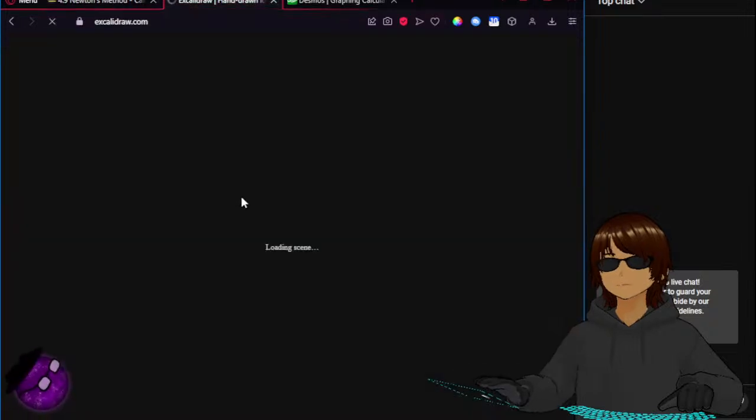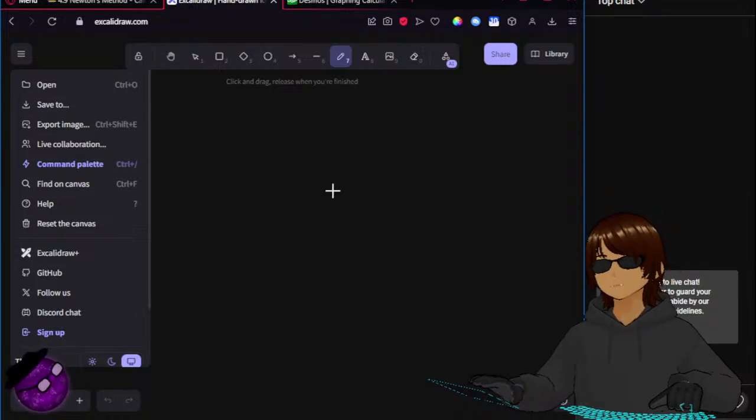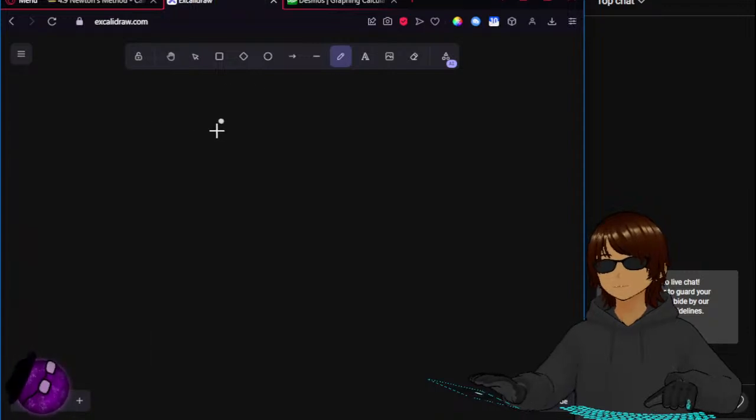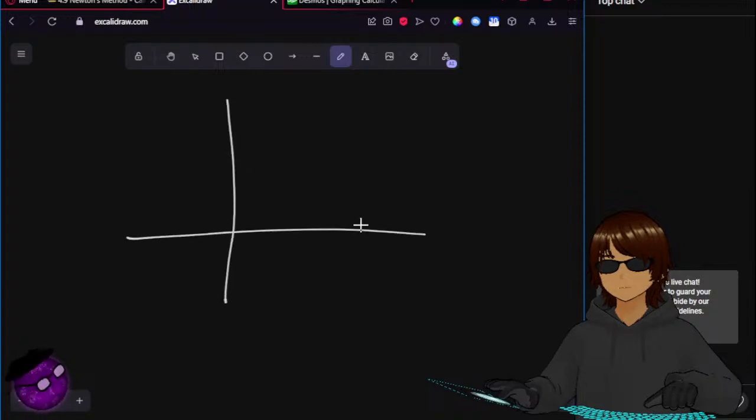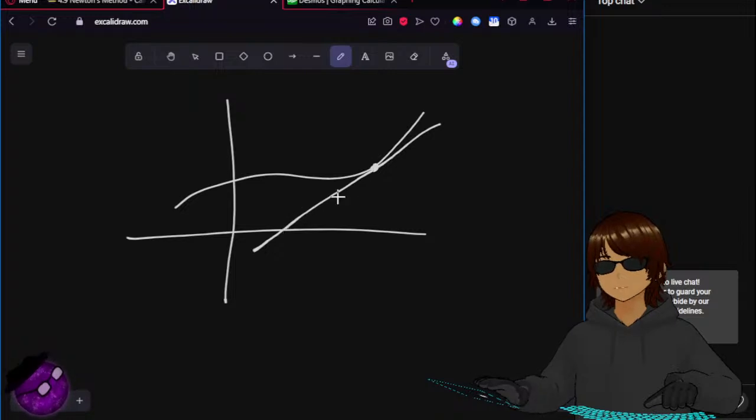So if you want to find the root, we take a random point and we check where it intersects, I think.